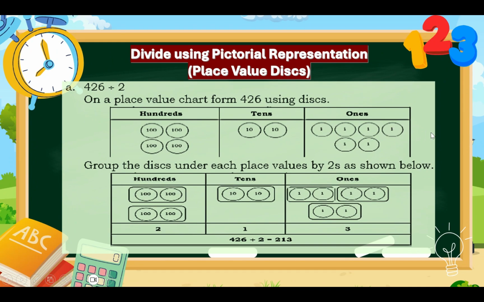Now let's group the disks under each place value by 2's as shown below, because 426 is divided by 2. So we are to regroup the numbers by 2's. Now, there are 2 groups for hundreds, 1 group for tens, and 3 for ones. So 426 divided by 2 equals 213.